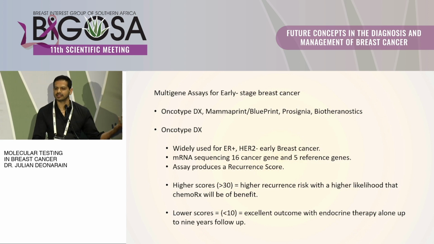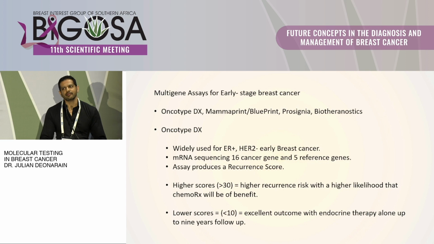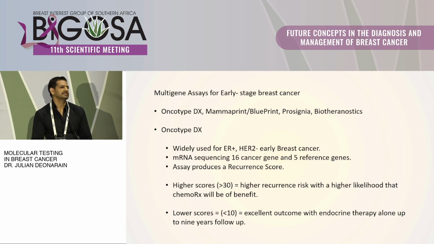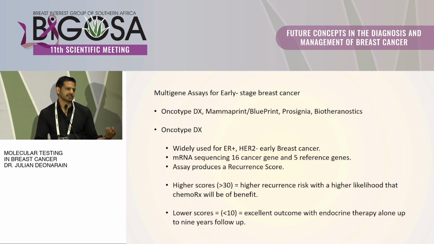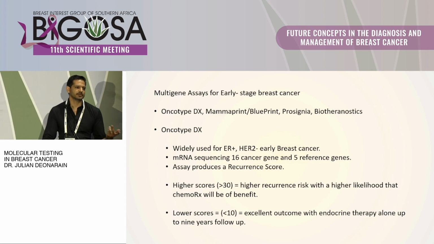So everyone knows about the early breast cancer testing for mRNA expression, and we have a few very well-known tests, and one of them is the Oncotype DX test. If you have early breast cancer and it's hormone responsive, we send it for gene sequencing.